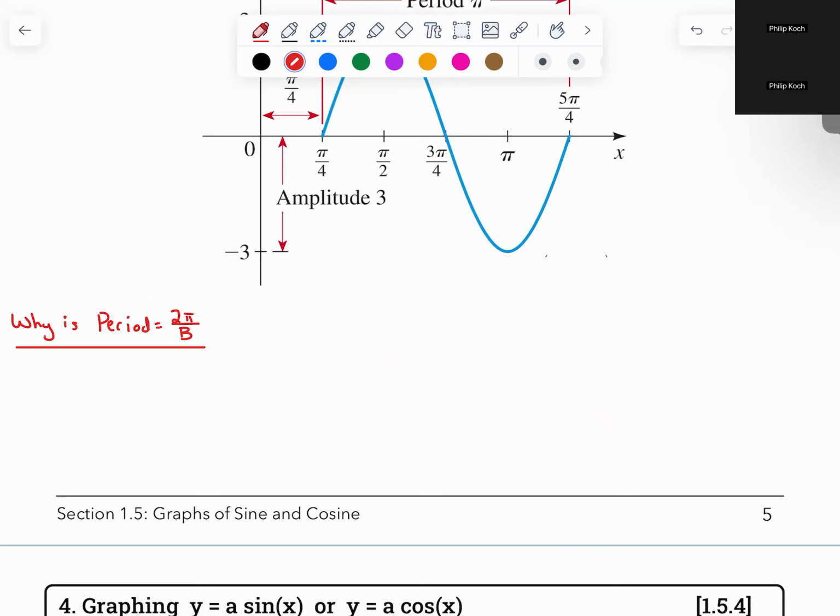Once again, it is a translation. It is a transformation of the graph. So when you have this bx minus c, this b is a horizontal stretch / compression.